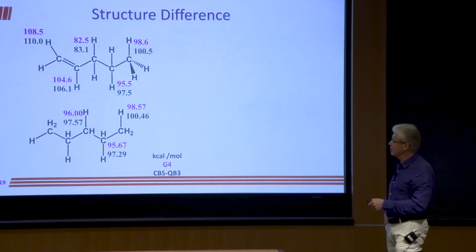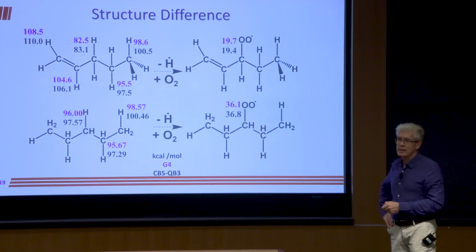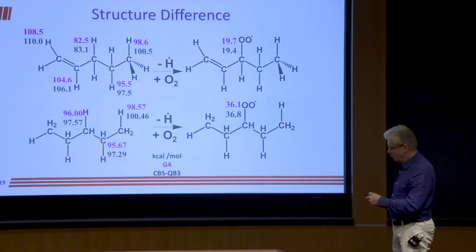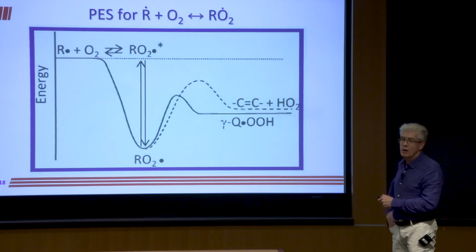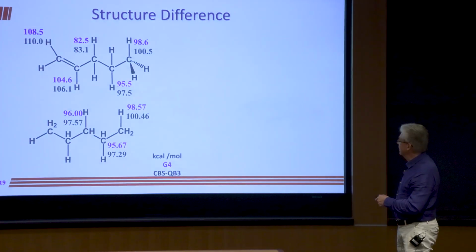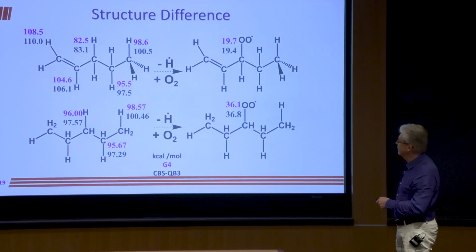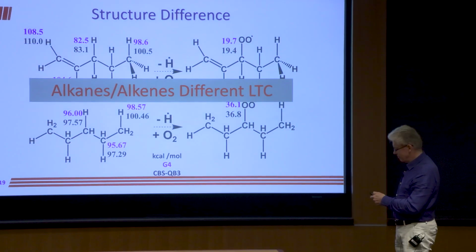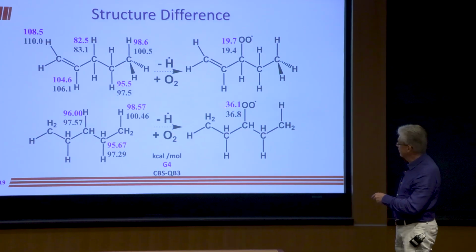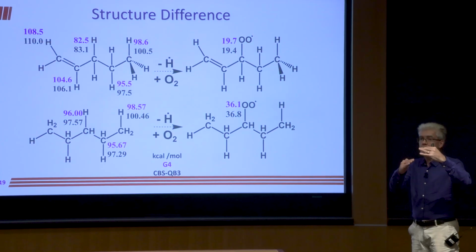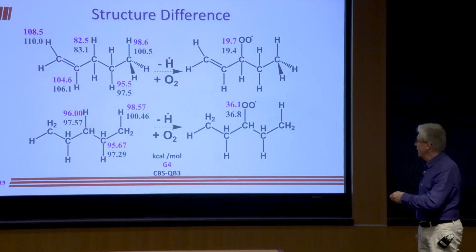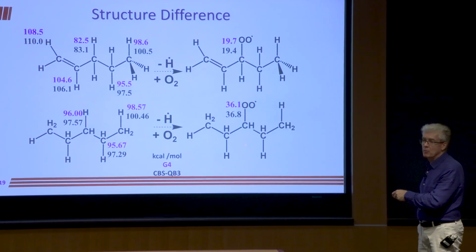So I spoke about this the other day. I already went through this, where the well depth, if we look at this R plus O2 giving you RO2, well depth, for a typical secondary species, here a typical well depth going from R plus O2 to RO2 is 36 kilocalories per mole.